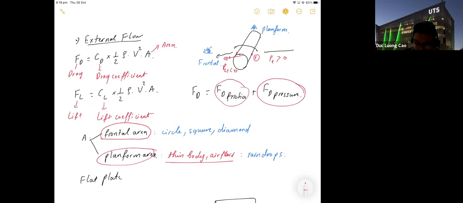Friction drag is because when you have airflow over this cylinder, you have resistance between the airflow and the cylinder. So you will have friction and pressure. Pressure comes from the pressure difference between point 1 and point 21, and friction comes from the resistance.